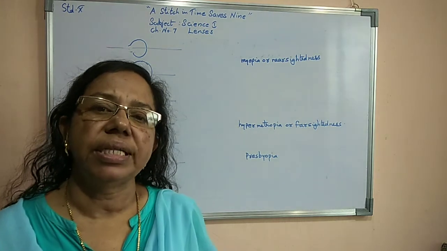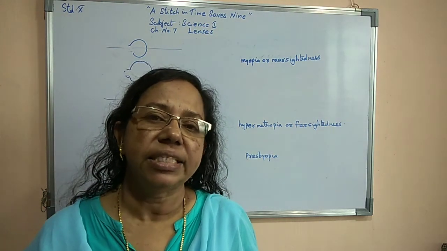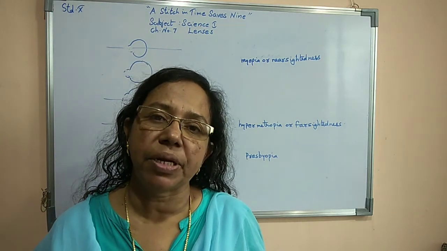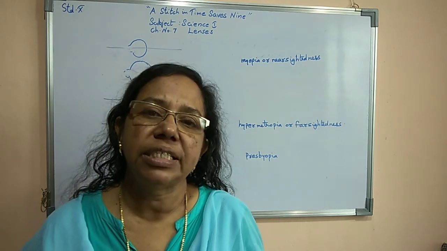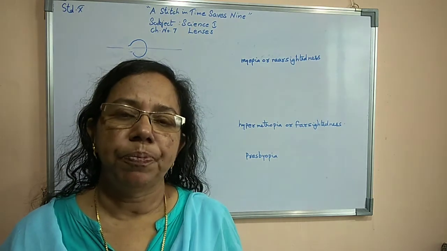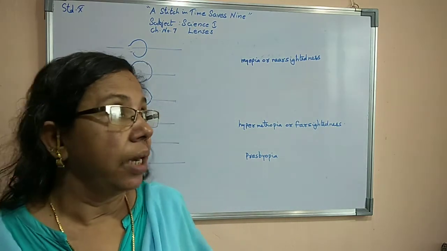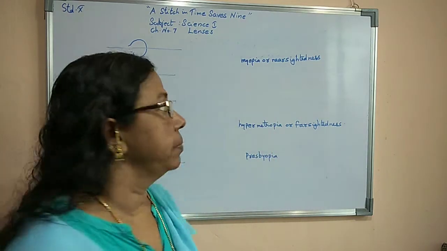So the first one is nearsightedness, or myopia. The second one is farsightedness, or hypermetropia. The third thing is presbyopia. Presbyopia occurs in old people. First we will study these two, afterwards we will study presbyopia.